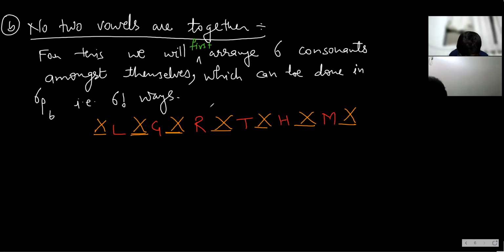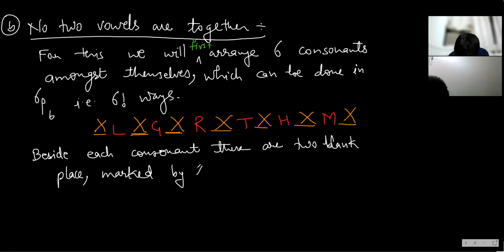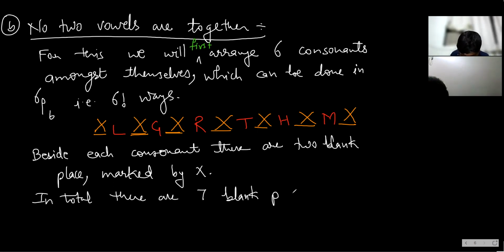Now I write: beside each consonant, there are two blank places marked by X. In total, there are 7 blank places.